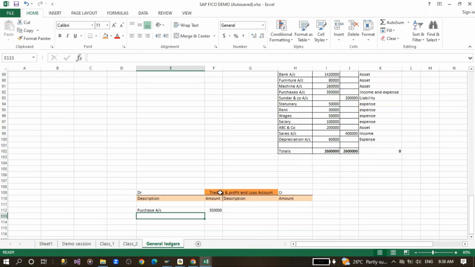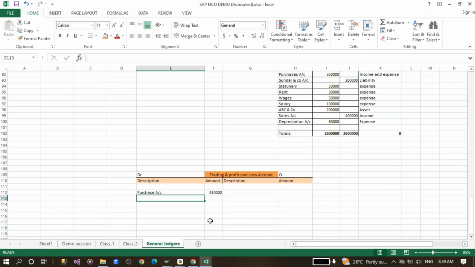In the trading and profit and loss account, first we will be doing the balance of the trading account. For the trading account, we only take the incomes or expenses related to the creation, that is, to manufacture the goods and raw materials.